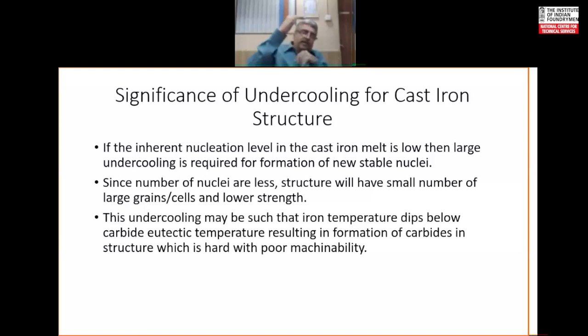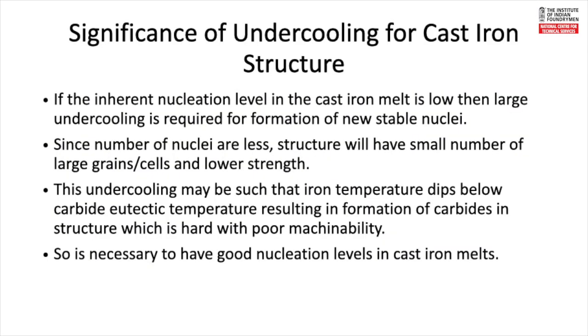And generally the graphite eutectic happens at a higher temperature as compared to carbide. If the undercooling is large, then the metal, or a portion of the metal, goes below the carbide line, and you start getting carbides in your microstructure.